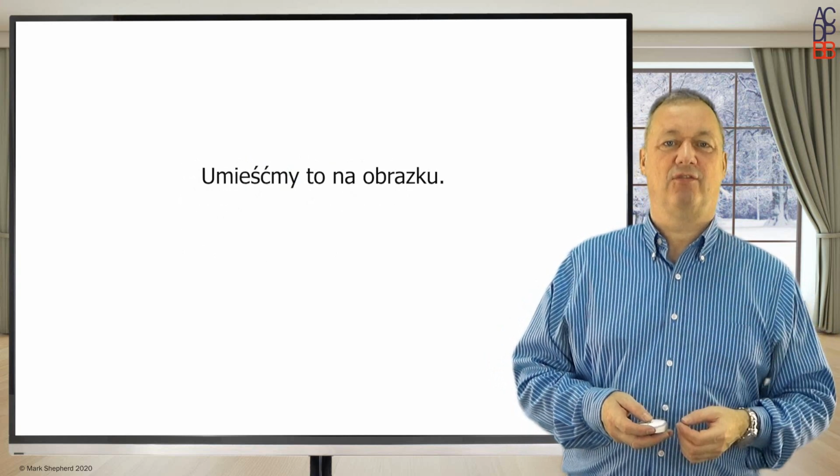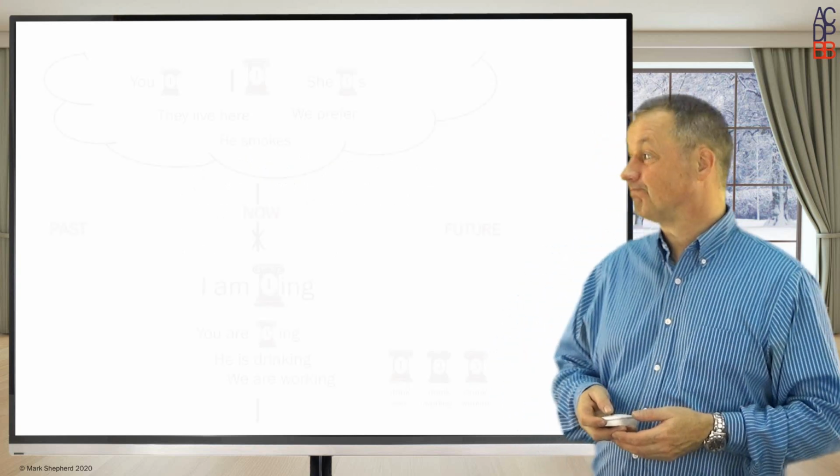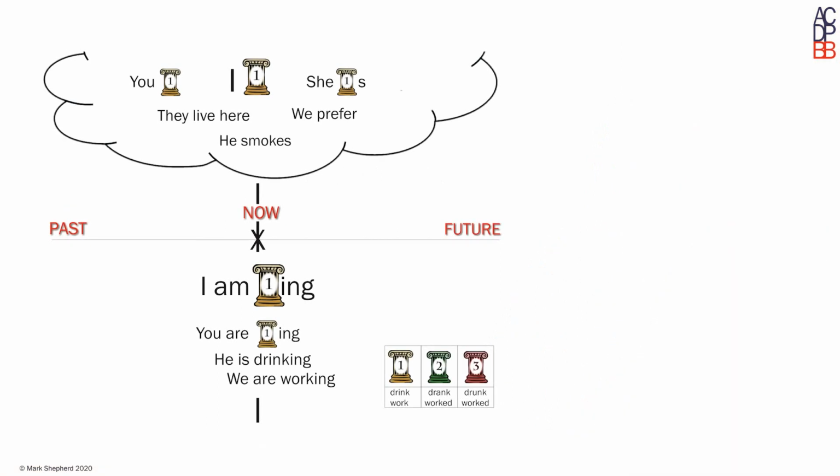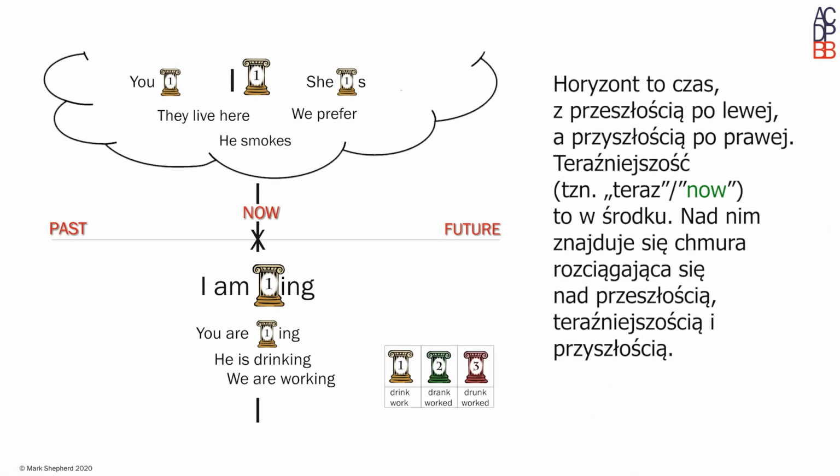So let's put this in a picture. Okay, the horizontal line, that is time, with past on the left, future on the right, and the present, that is now, that's the line in the middle. Now above it there's a grey cloud that stretches over the past, present and future.